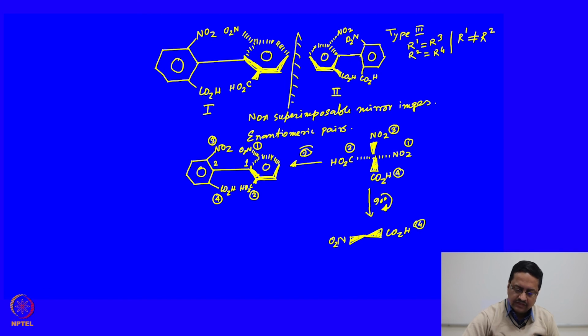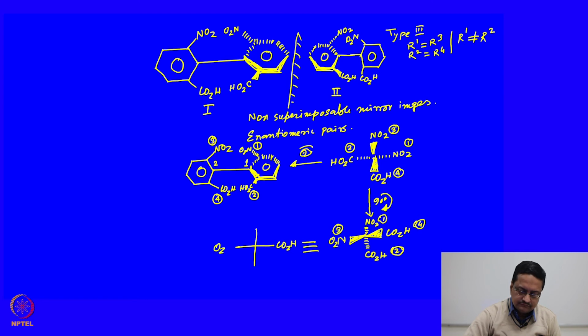This is 4 and that is 3, and this NO2 is upwards, which is 1, and the CO2H is down, which is 2. So, now this is in the correct orientation for Fischer projection. So, we can draw the Fischer projection like this.